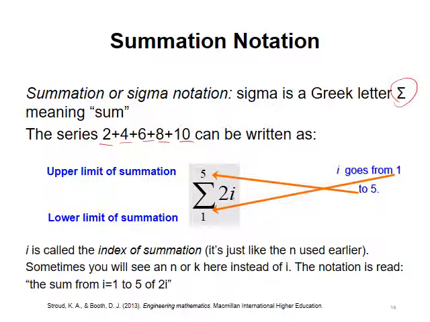We have here 5 items, so I can write the summation, using this Greek letter, from 1 to 5. But I need to write the formula. The formula for this is clear, it is 2n or 2i. By the way, we can use i, n, k, it doesn't matter. We use 2n because 2 by 1 is 2, 2 by 2 is 4, 2 by 3 is 6, 2 by 4 is 8.